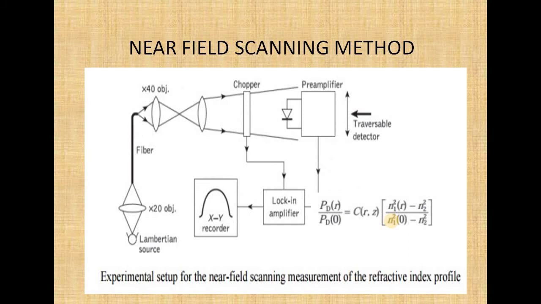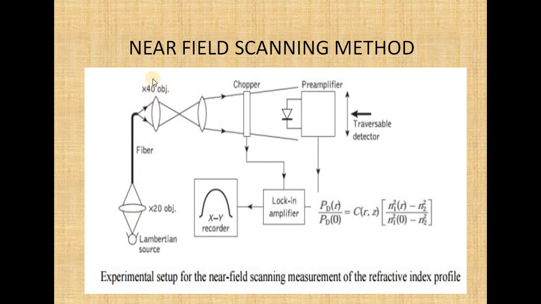The next method is the near field scanning method. In this method we examine the profile by the near field intensity distribution. Here we are using a Lambertian source, which can be an LED or tungsten lamp, in order to excite all the guided modes.